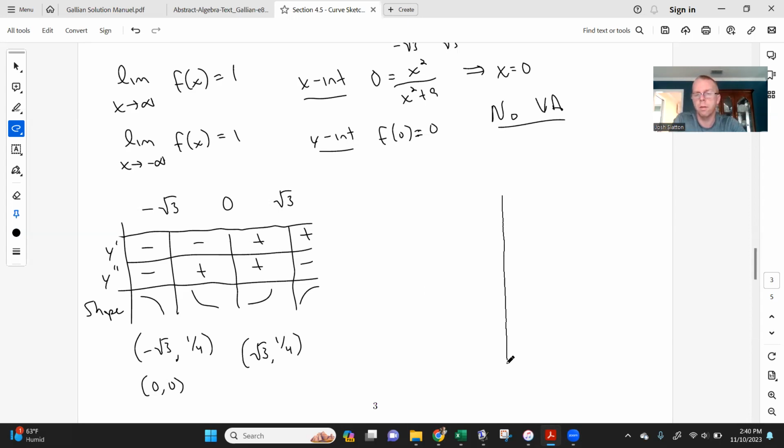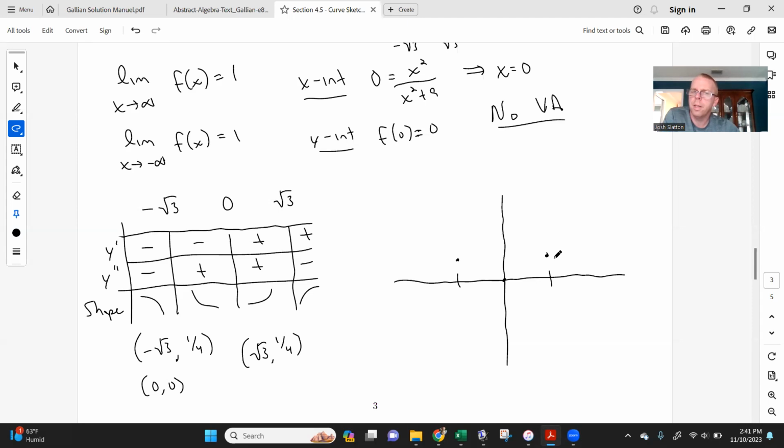So let's draw our axes, and you can plug those in, but we're only going to put negative square root 3, positive square root 3. We have 0 here. And then we're just going to basically plot these ordered pairs. So we'll put it up here, and there's the origin, and then square root 3, 1/4.